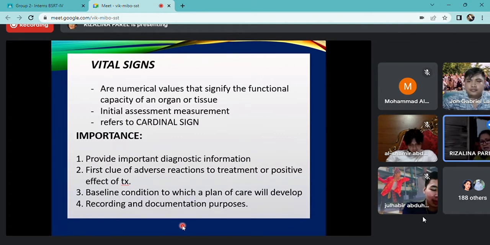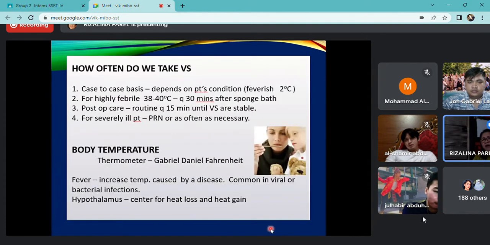Dapat nag-assess ka rin, especially of respiratory rate, pulse rate, and blood pressure during your RT management. How often do we take vital signs? So for nurse purposes, ganito yung kanilang ginagawa. But for RT, every time lang na magmamanage tayo sa patient dapat.